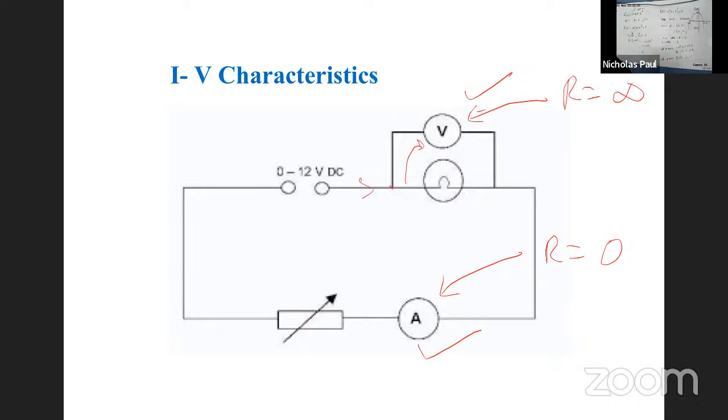So make a note of that, please. Resistance in a voltmeter is high, approximately infinity, and the resistance in an ammeter is very low. It's called low internal resistance and high internal resistance.